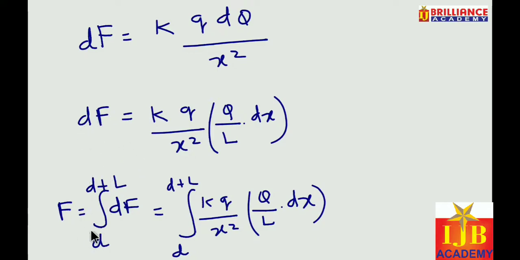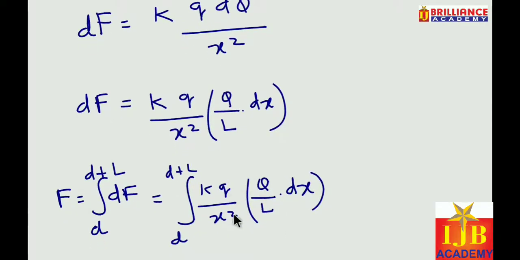At the same time I have to put the limits, so this is from d to d plus L, because the length of the rod is capital L. So I have written the integration step: the integral from d to d plus L of k q by x squared times Q by L dx.